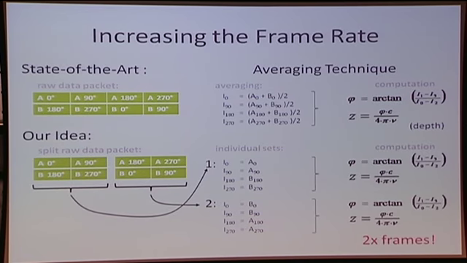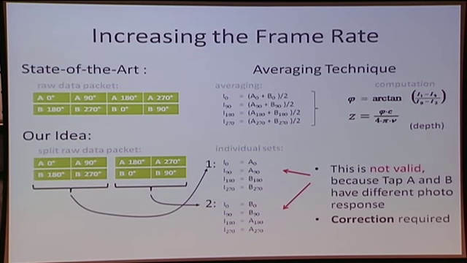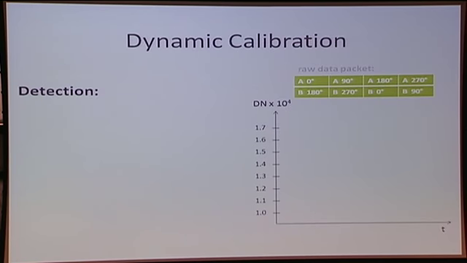The idea is then that this enables to compute 2 independent depth maps using the same data. But the problem is that this splitting is not possible because of the mentioned different photo response of the taps. So there's some correction required.